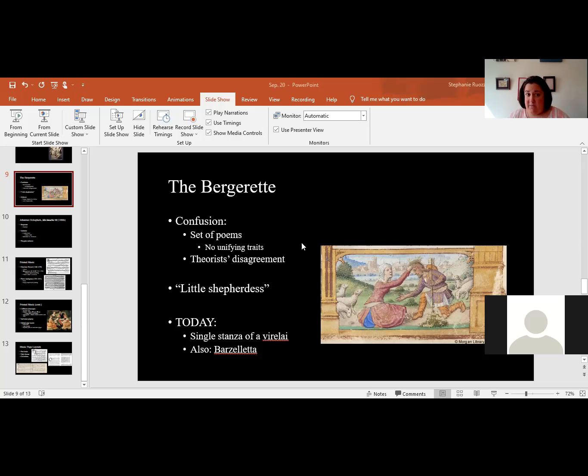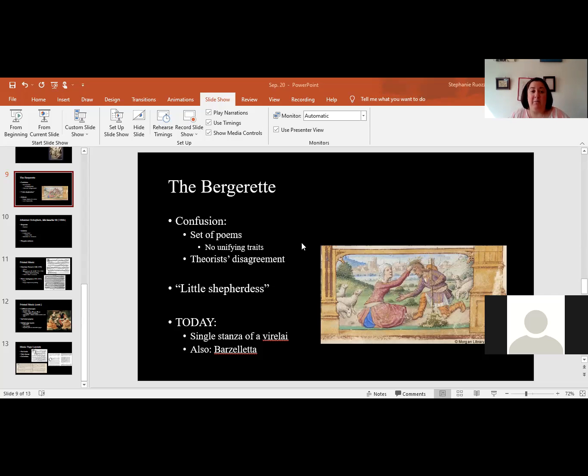That's pastoral. So Bergerette is a pastoral song. Now today, let's fast forward to today, we use the word Bergerette for a very, very specific meaning. And what we use it for is a single stanza of a virelai.